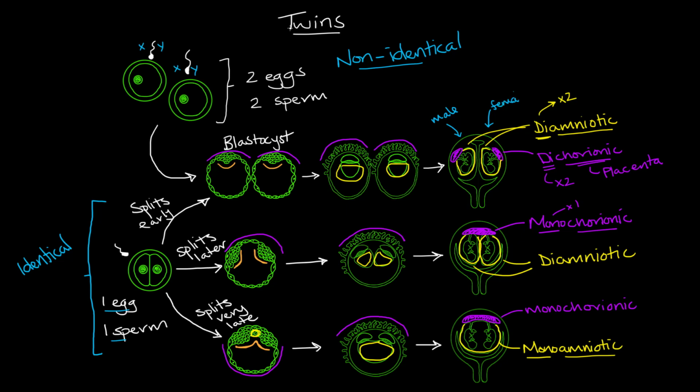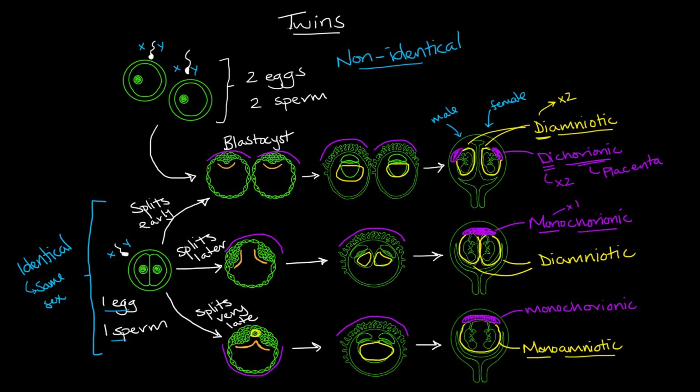And that's not to say that every time it'll be one male, one female, but non-identical twins can be different sexes. Whereas identical twins are going to be the same sex every time, because you only have one sperm with either an X or a Y chromosome that splits into two babies. So it can only be the same sex twice.